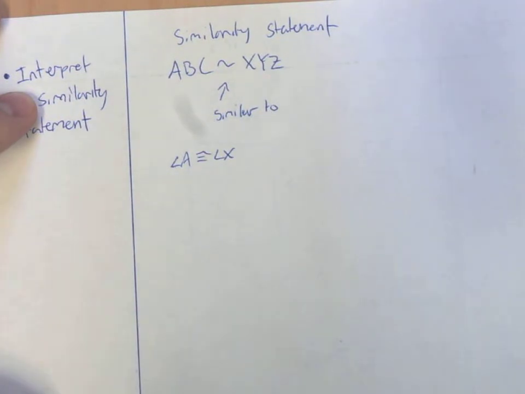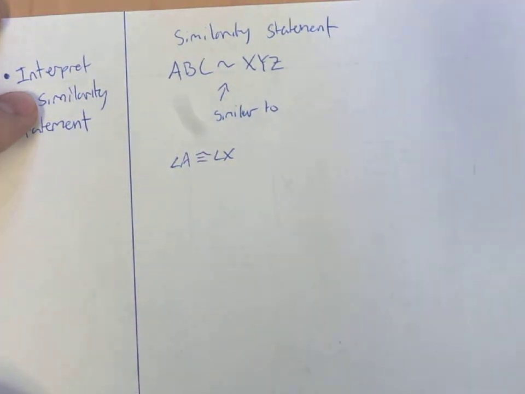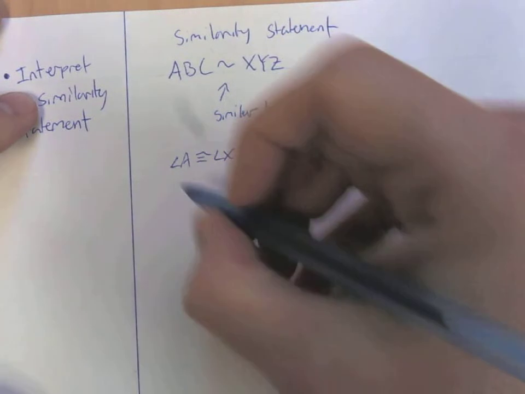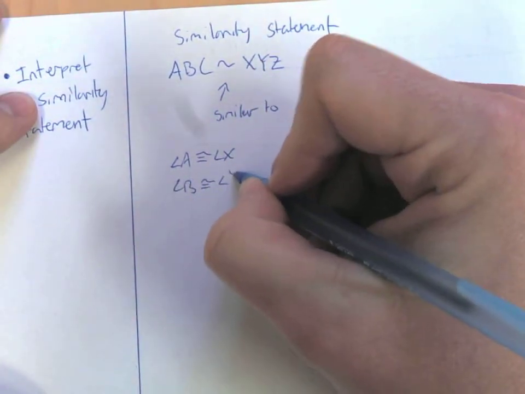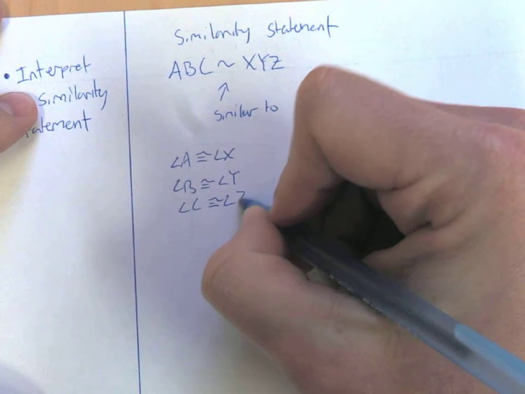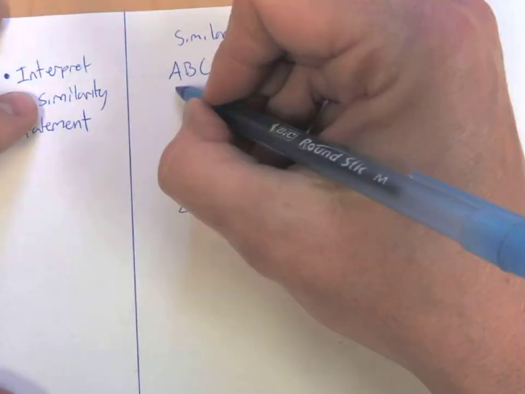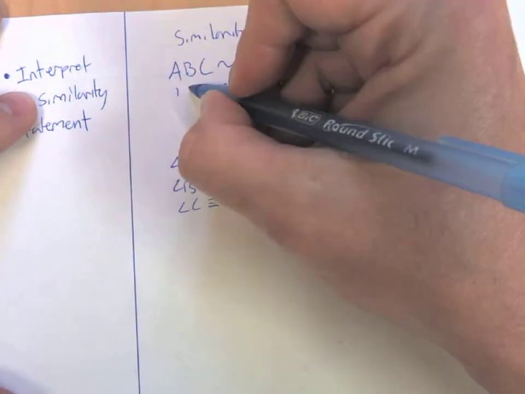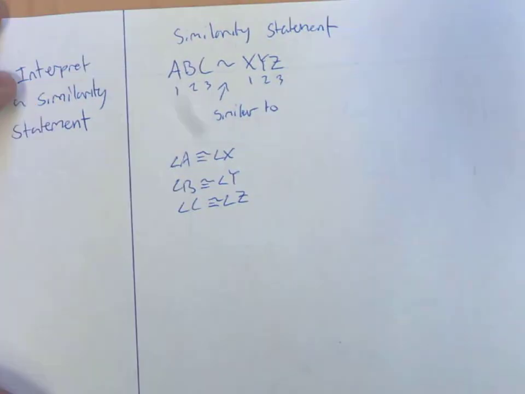That's not the case. We say that they're congruent to each other because we know in similar polygons, the angles are actually congruent. Okay, we know angle B is congruent to angle Y, and we know that angle C is congruent to angle Z. Again, because of the position in the statement, right? These both are in position 1, these both are in position 2, these both are in position 3.